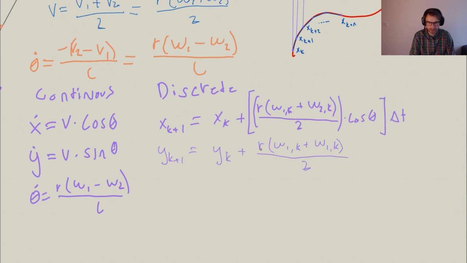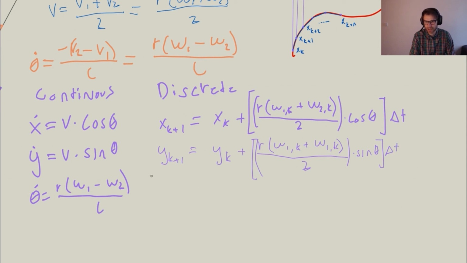Then we take the average of these two wheels times the sine of theta to take the y component, and then this whole thing is multiplied by delta t.